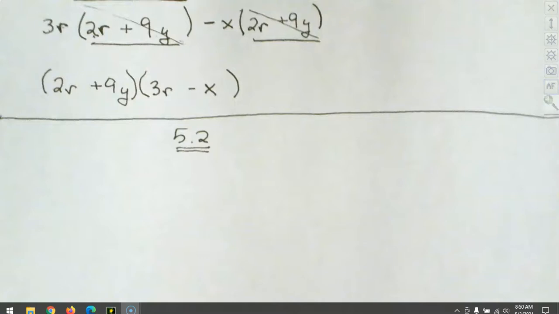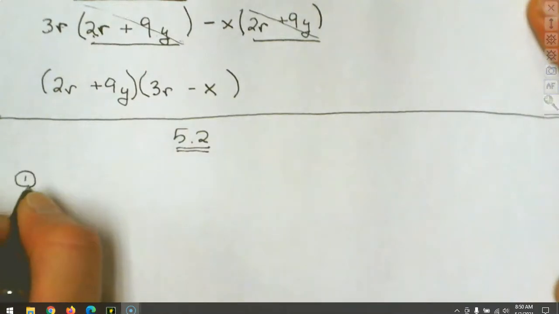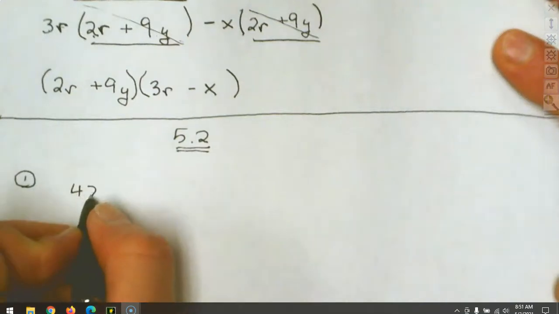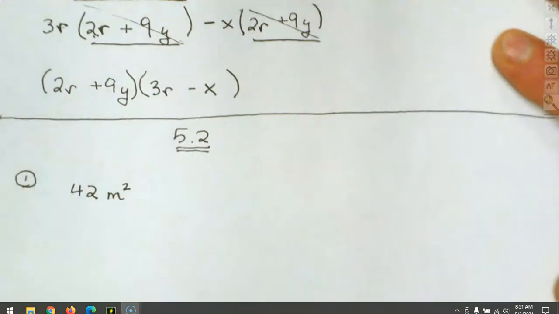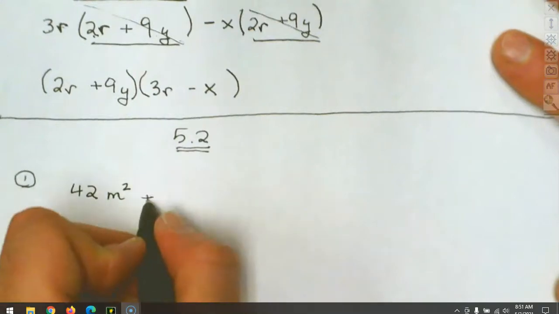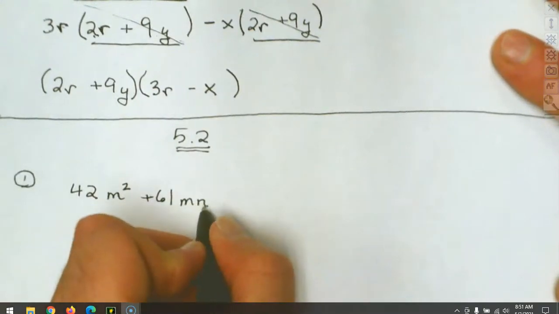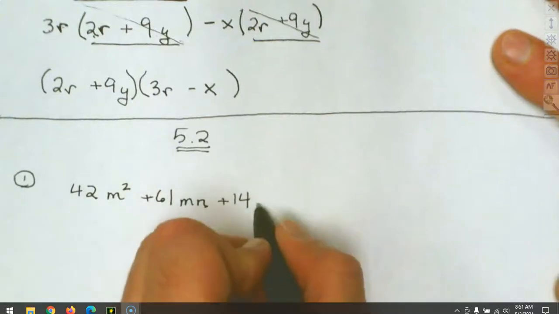And we're going to begin with question number 1. And we've got 42m squared plus 61mn plus 14n squared.